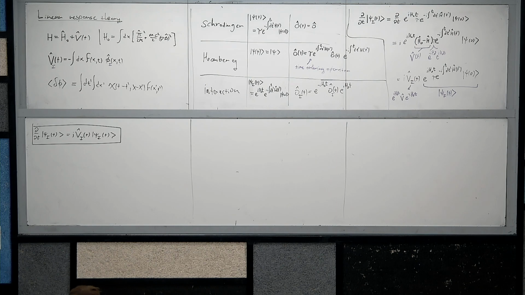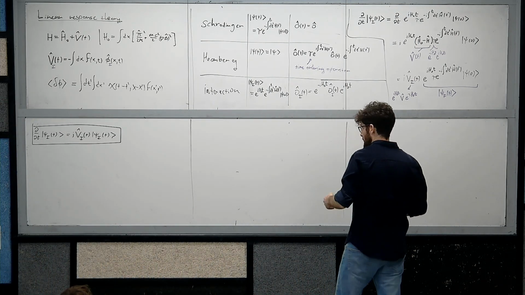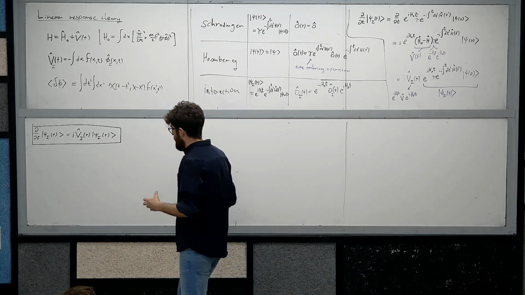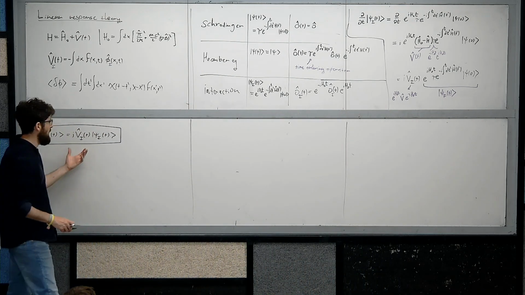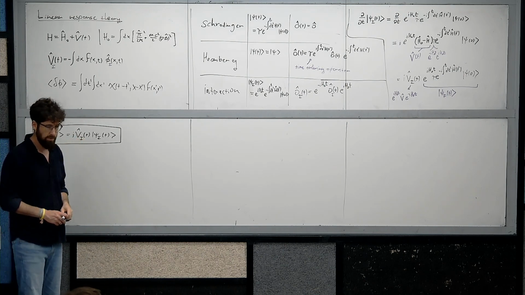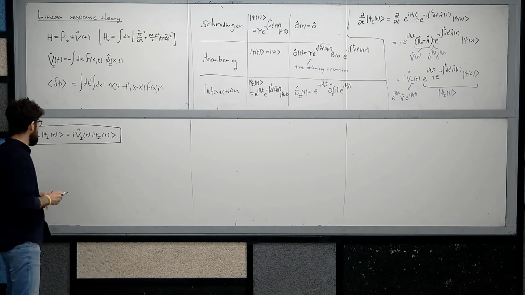So what it means is that in the interaction picture, we evolve the wave function just with the V. You could say, okay, but that doesn't make any sense, because that would be the case if your interaction would just be V, right? But no, this is not just V, this is V in the interaction picture. That's the difference. That's where the free part of the Hamiltonian is hiding. Okay?